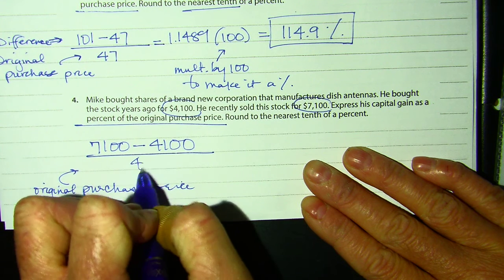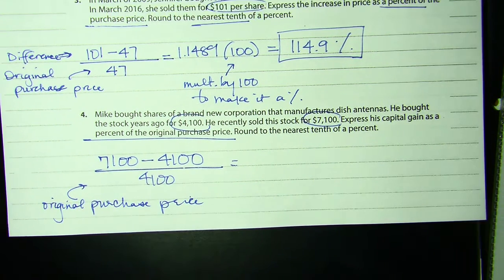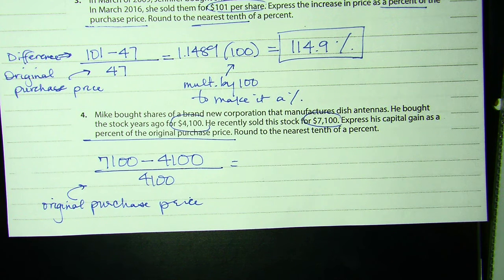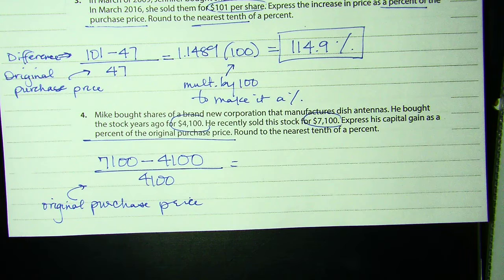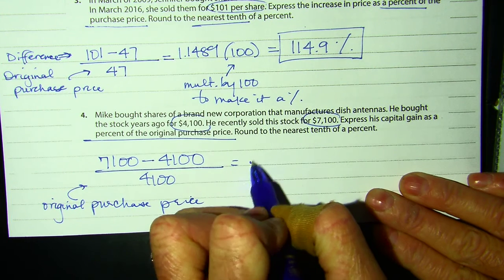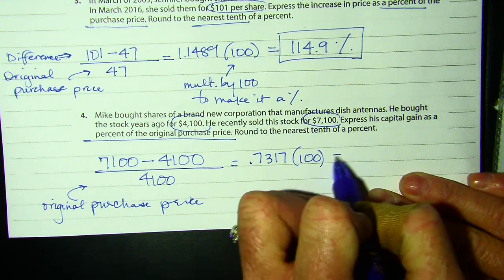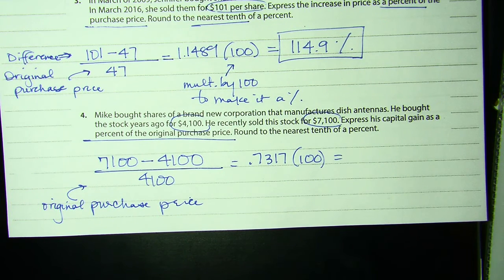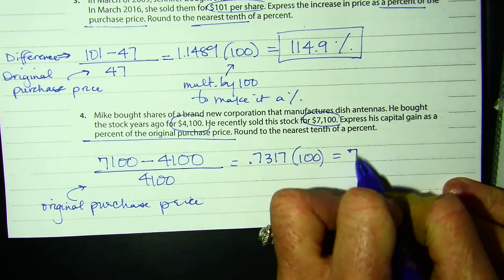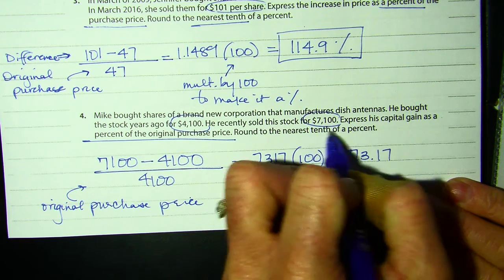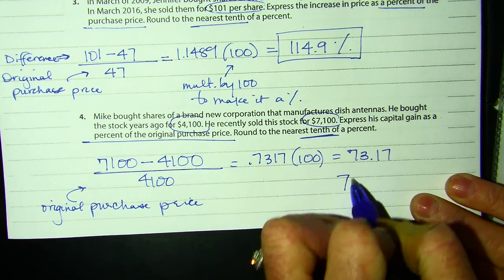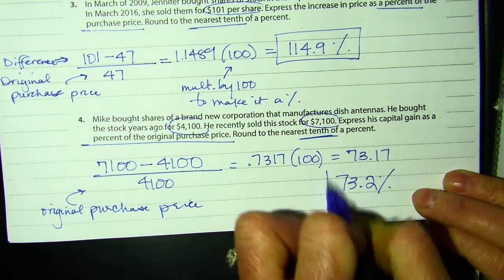So I'm dividing it by the amount they purchased it by. So 7,100 minus 4,100 divided by 4,100, I get 0.7317, but I'm going to multiply that by 100 to make it a percent. And I get 73.17, but it said to round to the nearest tenth, so 73.2%.